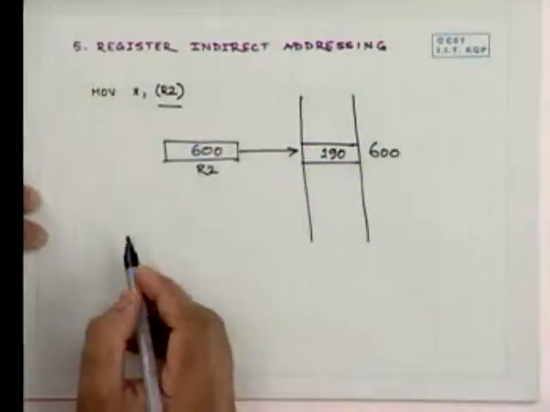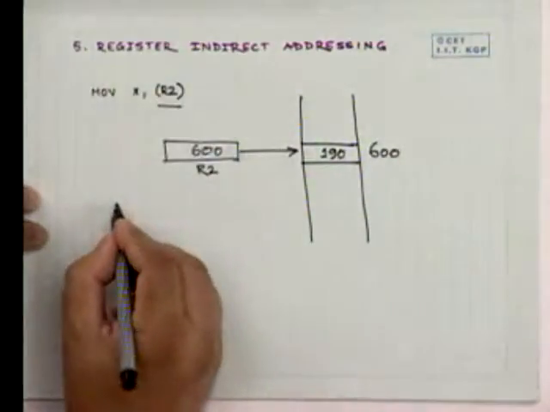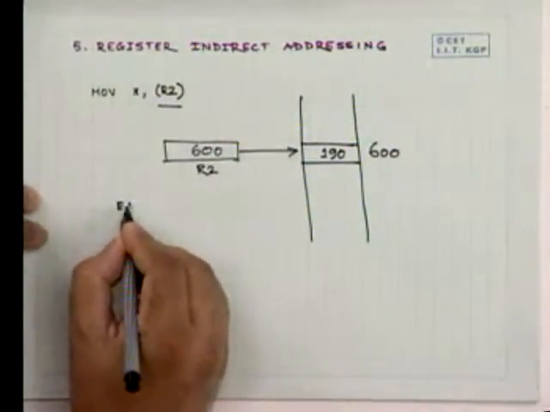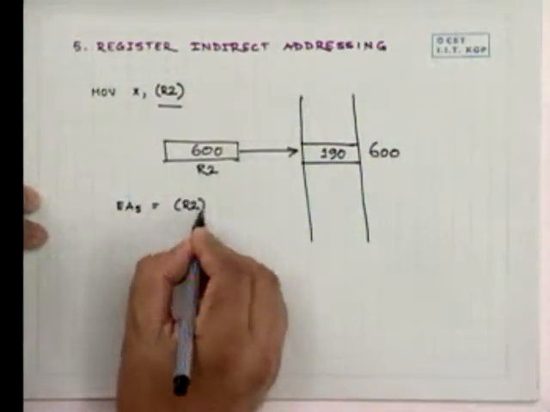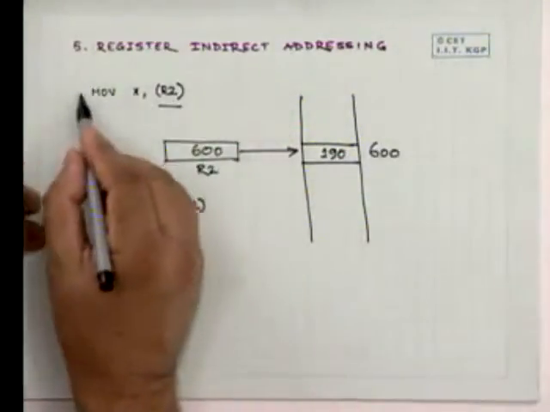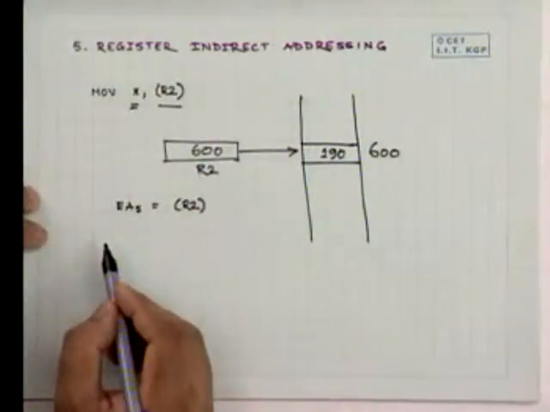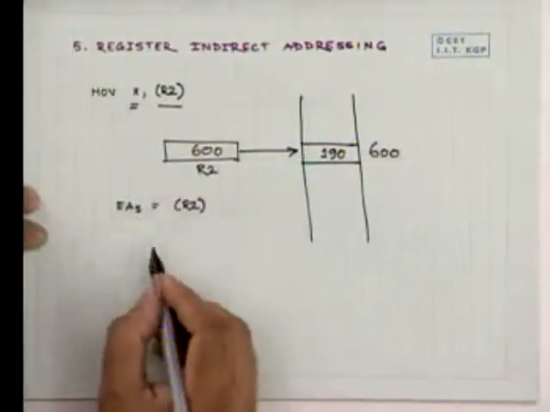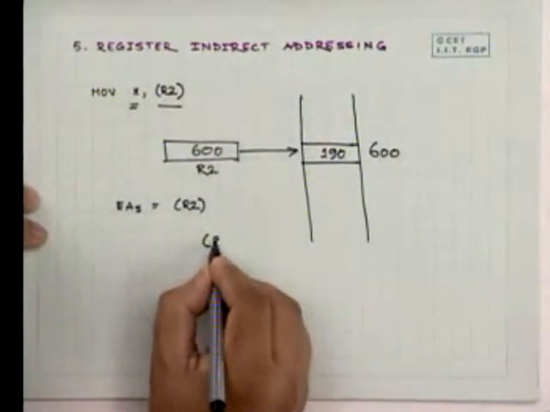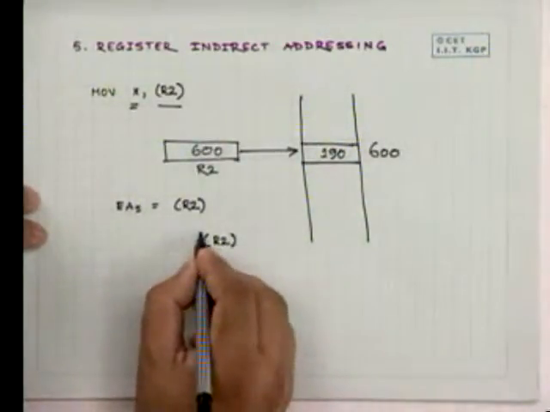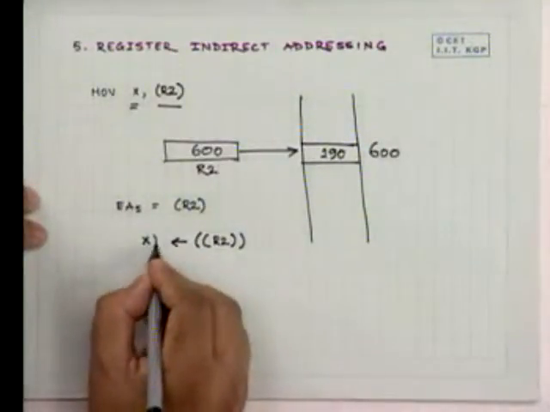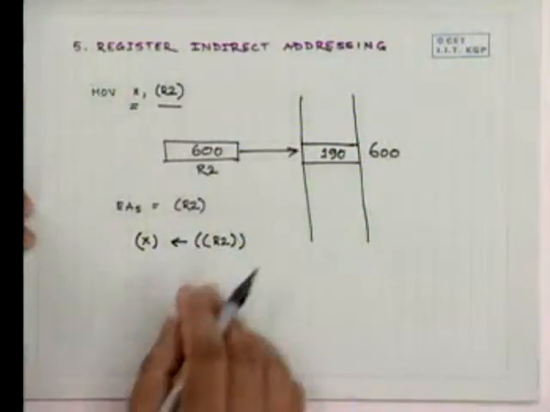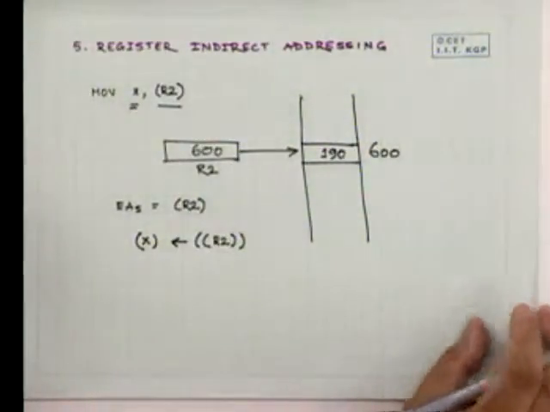Therefore, the effective address of source is equal to the content of R2, and this is indirect addressing. Therefore, the effect of this instruction will be to take the content of R2 and then move it as content of X. This is register indirect addressing.